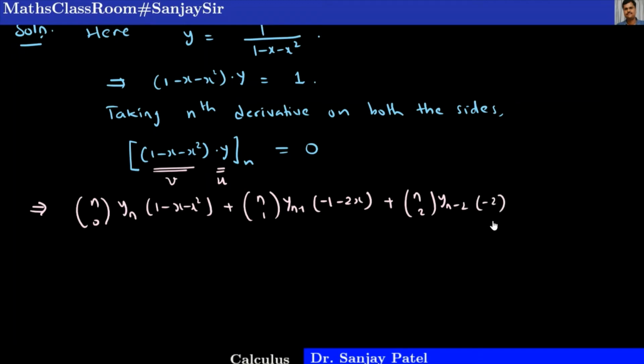The next derivative of minus 2 will be 0. So we are not adding the other term. So this is equal to 0, and that we are getting here. Let us simplify this. nC0 is 1.